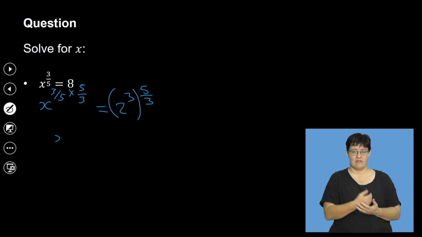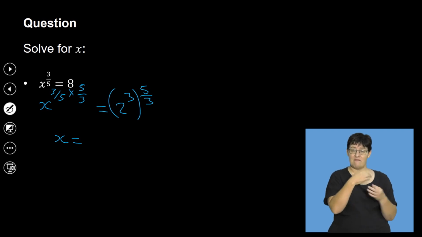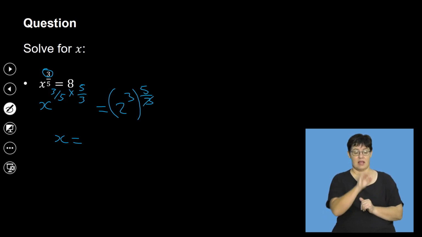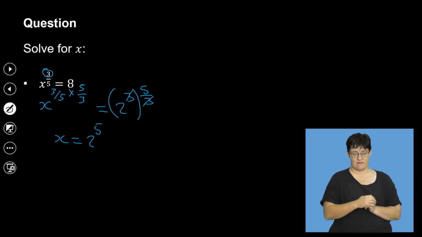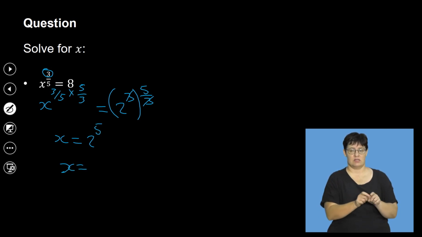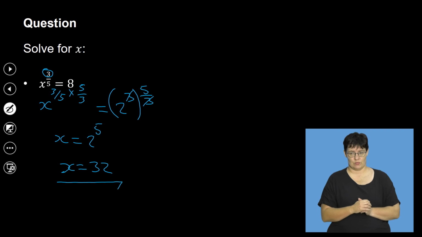And this will give me x is equal to, remember the m value is the one at the top, is not an even number, right? So it's not going to be plus or minus. So the 3 and the 3 will divide. I will be left with 2 to the exponent of 5, and then my x will be equal to 32, and that will be the answer there.